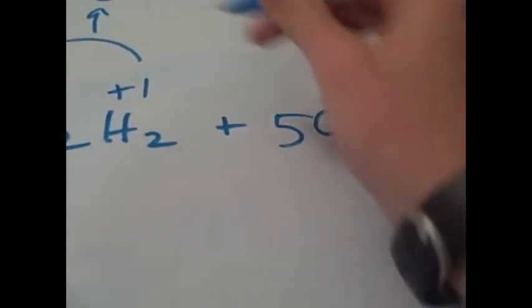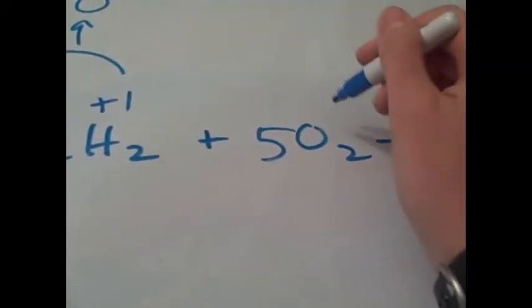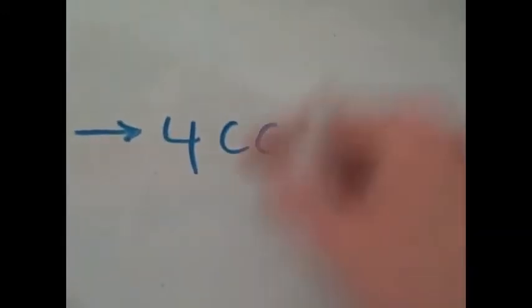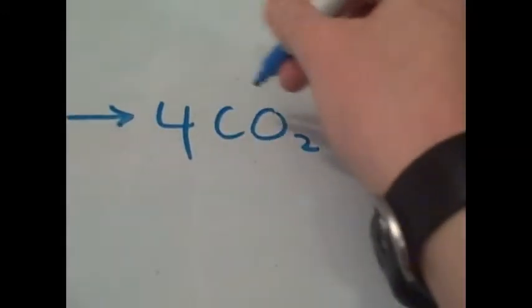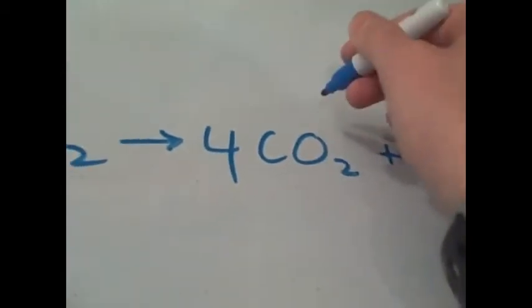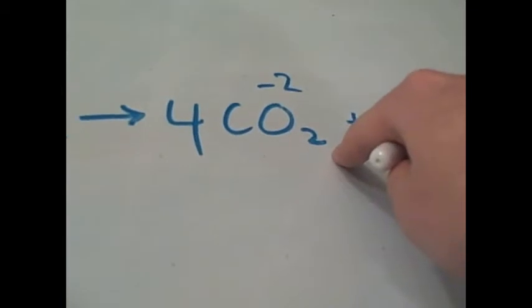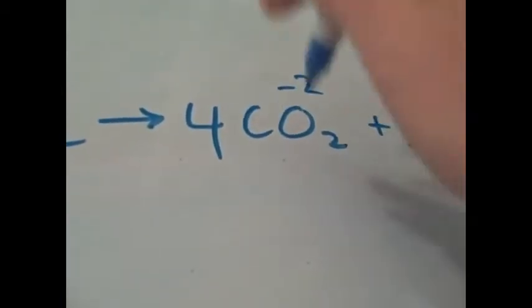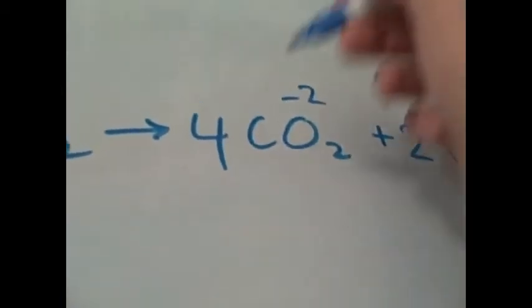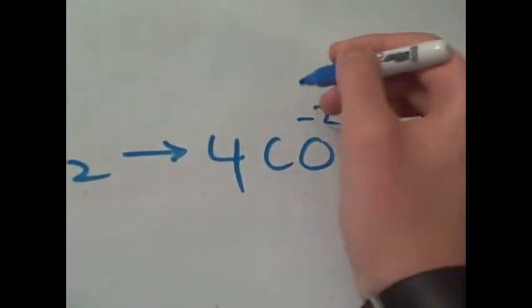Down here, since it has to equal 0, it will just be 0. Over here, the rules say O is usually -2. If there are 2 of them, that's a total of -4, and to balance it out to 0, carbon will be +4.